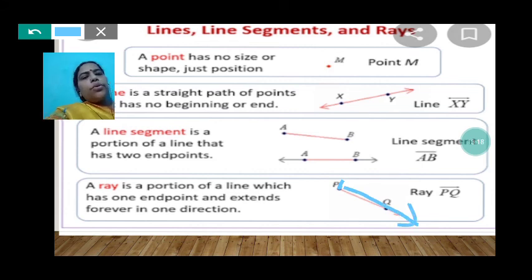The arrow shows that it is moving in one direction and extends forever, that means it has not ended, it is just going on. So that is a ray, and it goes in one direction only. And a line has no end, no beginning, so it moves in both the directions. So learn this. Thank you.